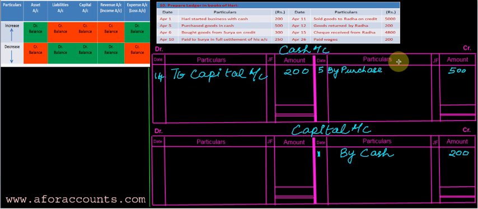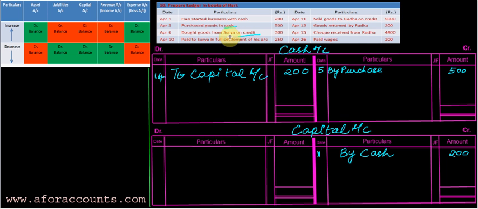Okay, 6th April. Bought goods from Surya on credit 300. Now the earlier entry was a cash entry, now it is a credit entry, but both the times we have to debit purchase.